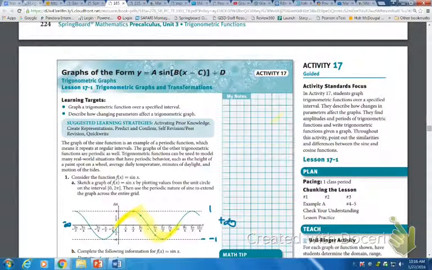So you can get some information from that amplitude, can't you? Right? And the period. What's the period? We talked about that earlier. The period is the time it takes to complete a cycle, and in this case, how long did it take to complete the cycle? 2 pi. Okay, so the cycle of 2 pi. Very important information for your parent sine function.